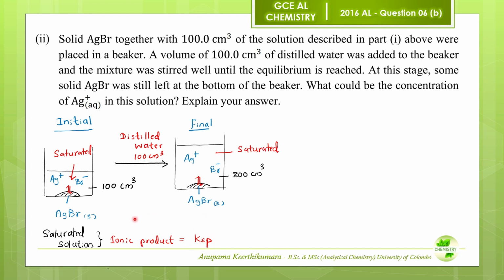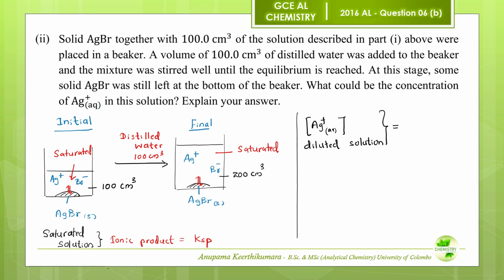As the temperature is constant, the ionic product in the initial solution as well as the final solution is also the same. Therefore, concentration of Ag plus ions in the final solution is the same as the concentration of Ag plus ions in the initial solution.